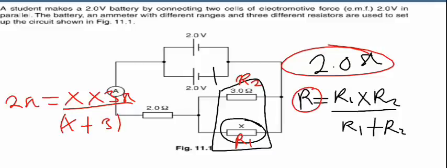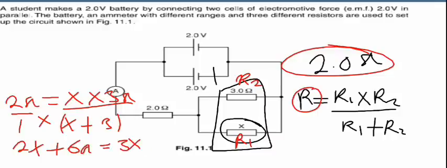So when I multiply here, I'm going to get 2X plus 6 ohms being equal to 3X. Since these two are like terms, meaning this 2X is going to cross the equal sign. Then I'm going to remain with 6 ohms here being equal to 3X minus 2X.